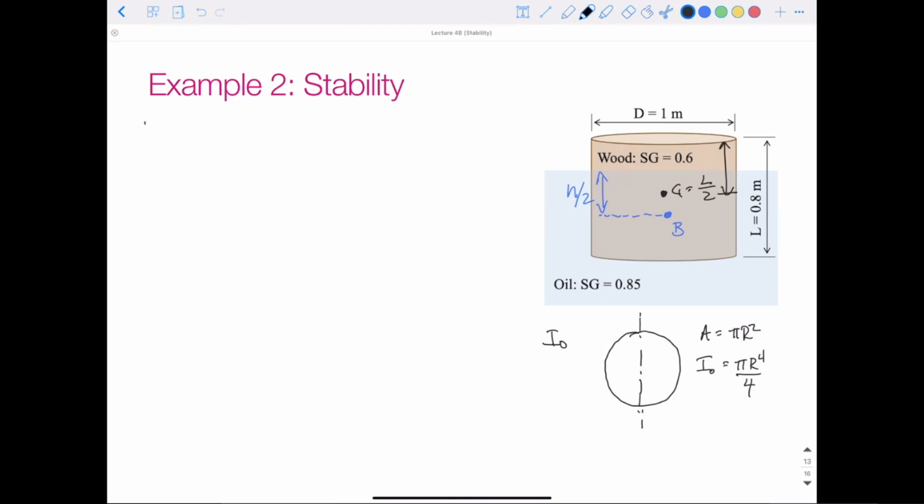So let's write in some of these values. We knew h over 2 is equal to 0.565 over 2, which is equal to 0.282. The distance from G to B is that's L over 2, 0.4 meters, minus 0.282.